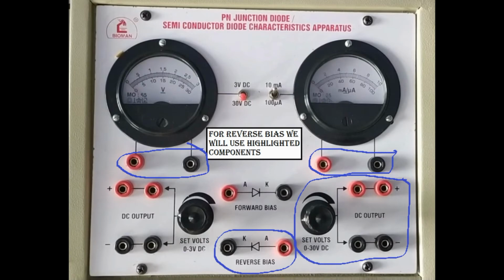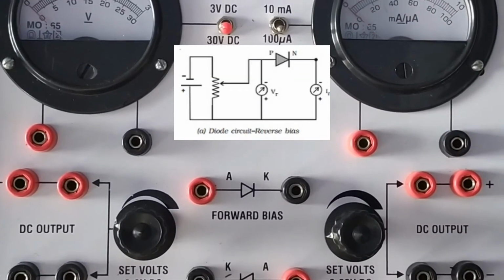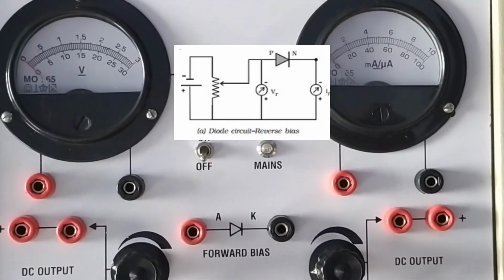For establishing the reverse bias circuit, we will use the highlighted components. Now we will connect the circuit as per the given circuit diagram. Now start making the connections.